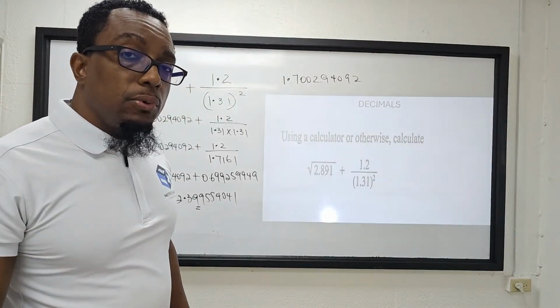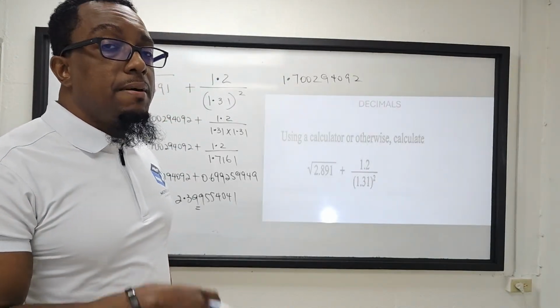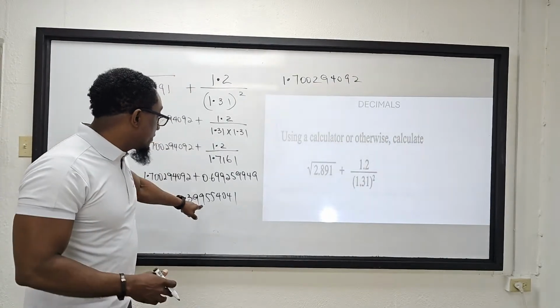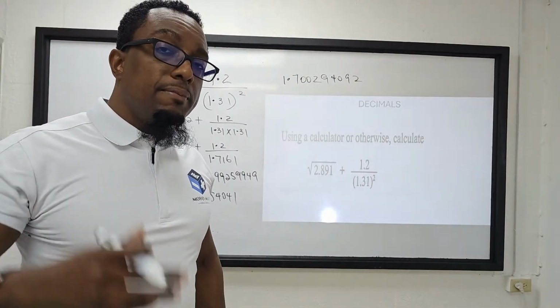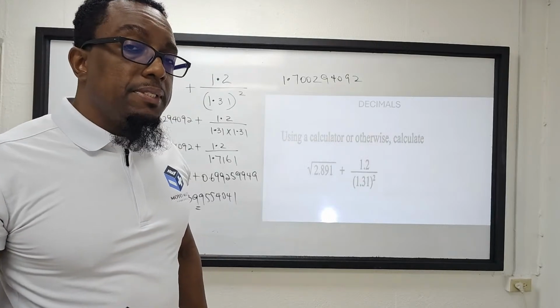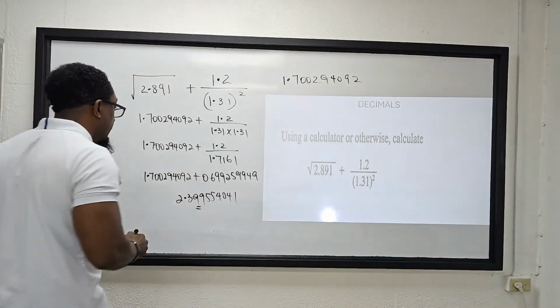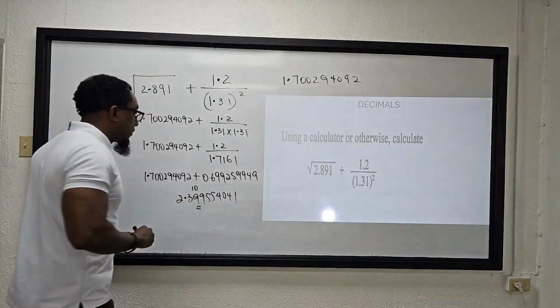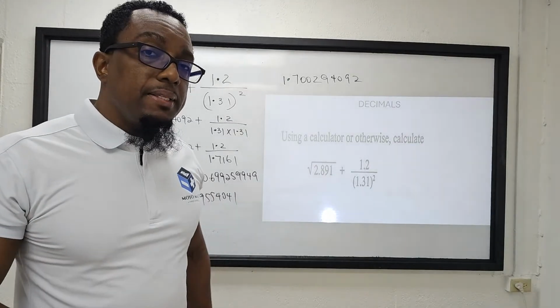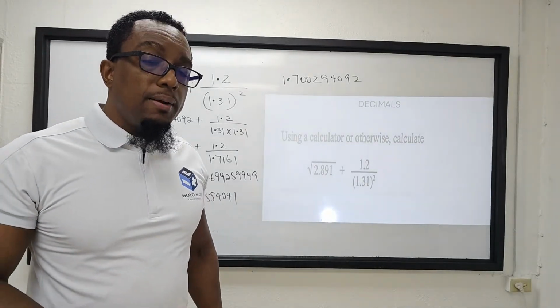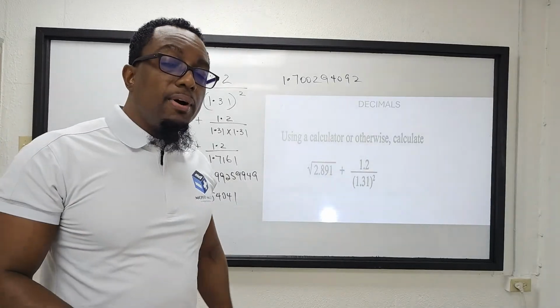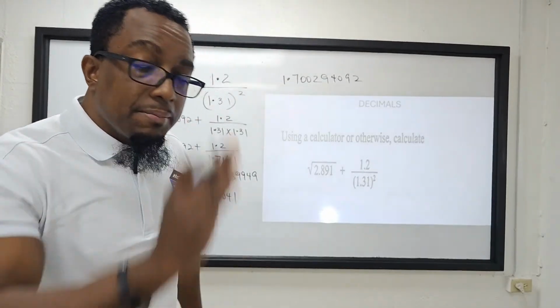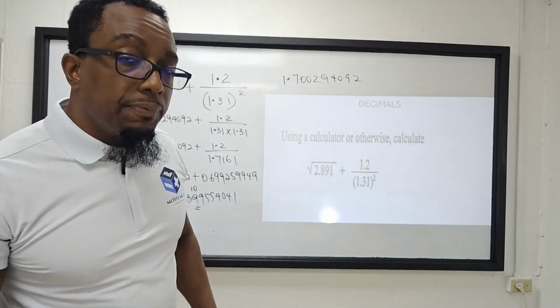So what do I do to approximate? I look at the number immediately after, which is this 9 here. If the number immediately after is 5 or more than 5, then the number before, which is 9 in that case, becomes 10. The 1 from my 10 I'm going to add to my 3 to become 4, and the 9 that I have underlined, I'm going to replace with the 0 from my 10.